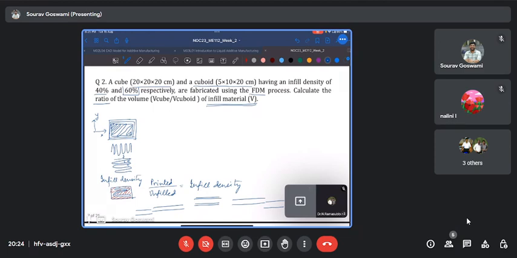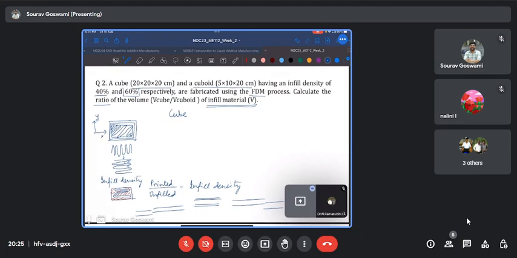So again, let us first calculate it for the cube. I know the volume of the cube is 20 cross 20 cross 20, 8,000 centimeter cube. However, this is the volume of the total cubic geometry. This is not the volume of the material which I have actually extruded and filled this with. It has a density of only 40%.